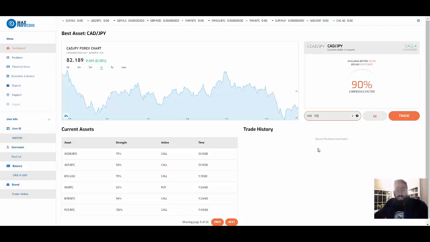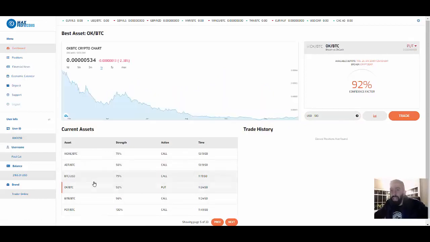So that was our first trade, guys. Let's move on and place a few more. Let's see what else we have here. Okay, we have a nice cryptocurrency pair here: Bitcoin versus OK Cash. Again, a nice confidence factor of 92%. You'll notice that it's a put position. We don't have to worry whether it's a call or put position because the indication is automatically provided for us, and we're using the auto trading function.